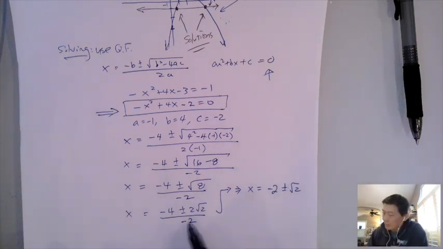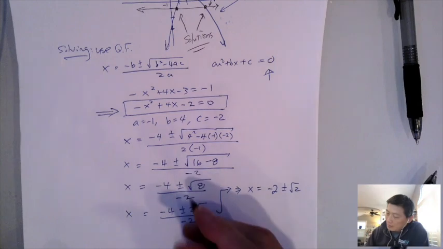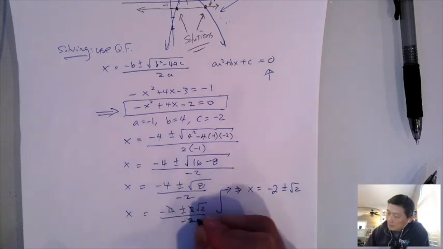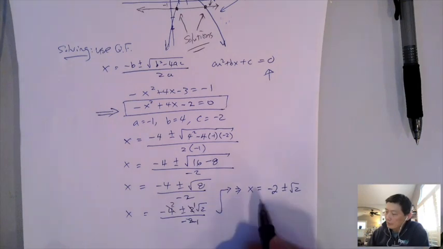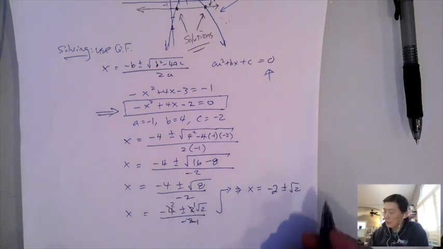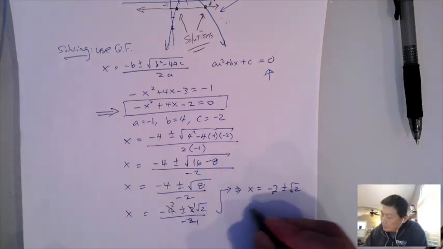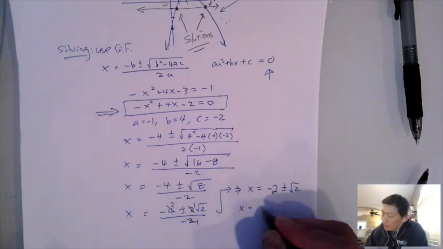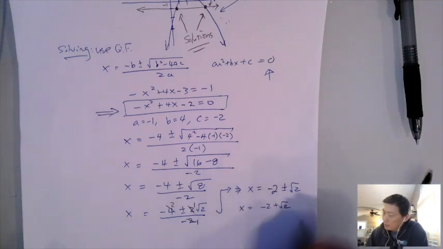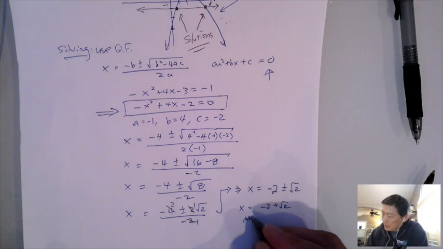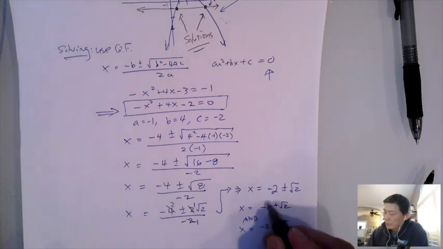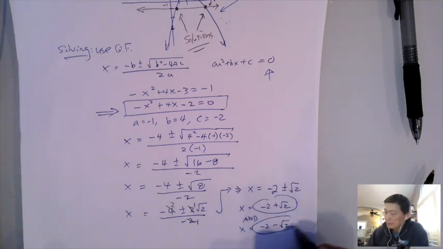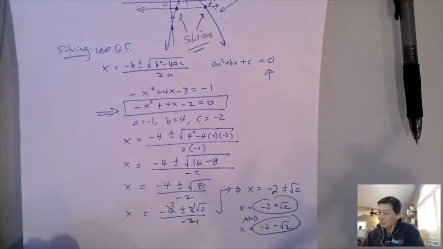Because you can divide through like this, you end up with negative 2 plus or minus the square root of 2. So what's x? x is equal to negative 2 plus the square root of 2, and x is equal to negative 2 minus the square root of 2. You got 2 answers. But what are these 2 answers?